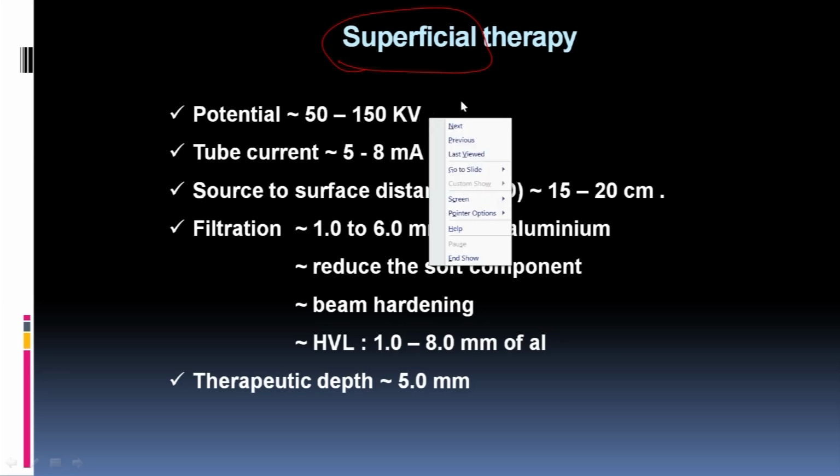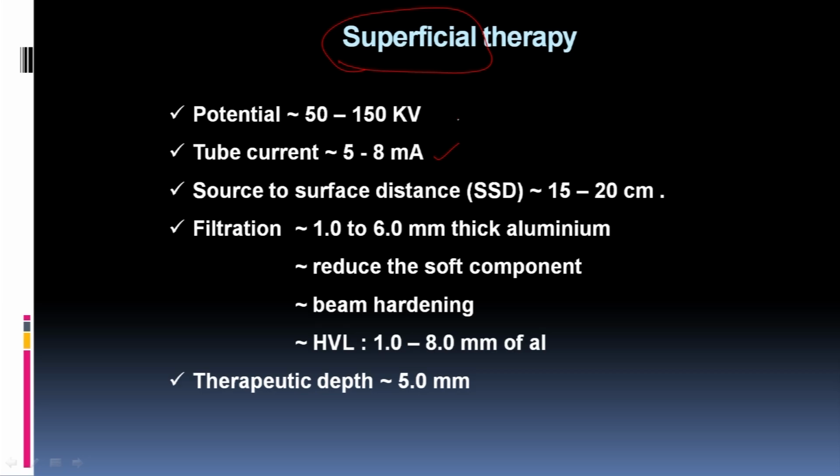This is the operating potential and this is the tube current. Here again the source to surface distance is higher than contact therapy. Here the source to surface distance, or SSD, is 15 to 20 centimeter.